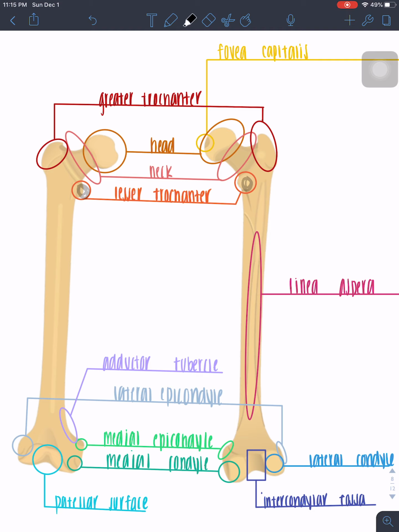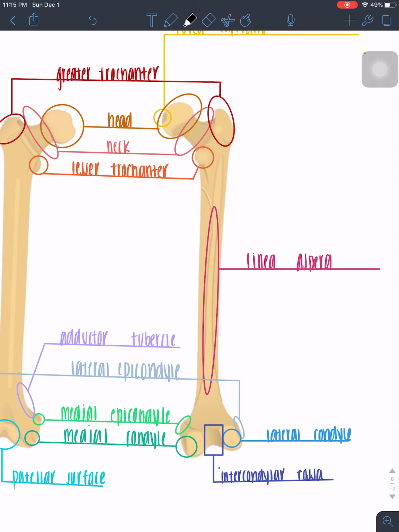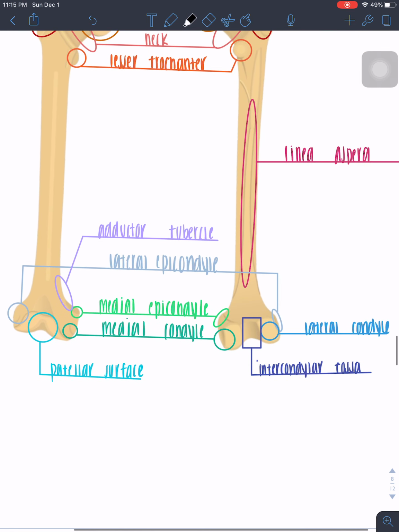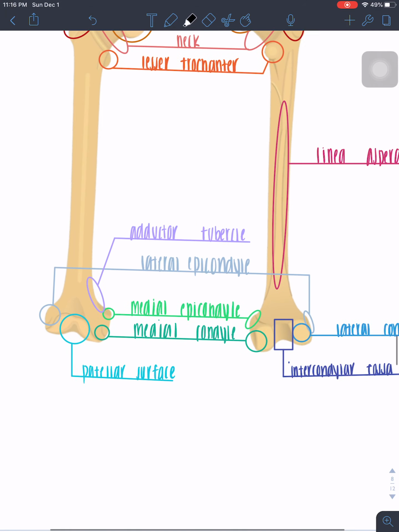And then just like there is a head, there is also a neck here. After the neck is the linea aspera. And we were told to remember that because it's like a literal line. And aspera kind of just reminds me of how it feels in a way.